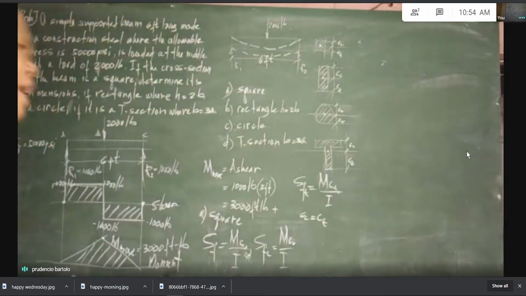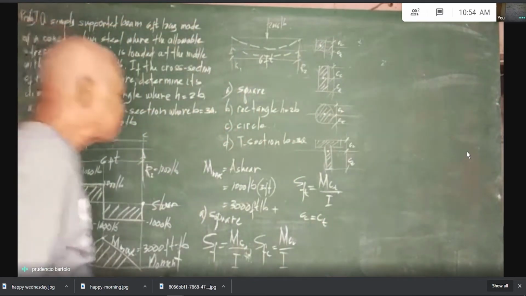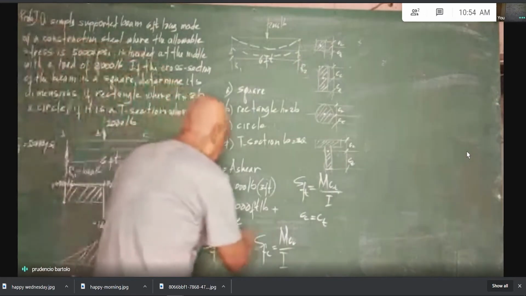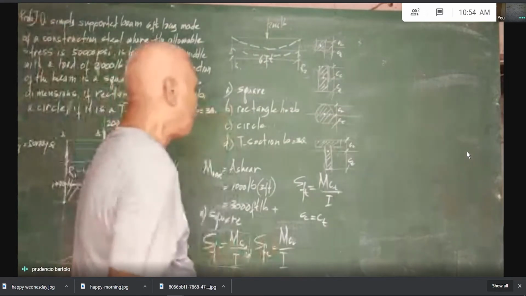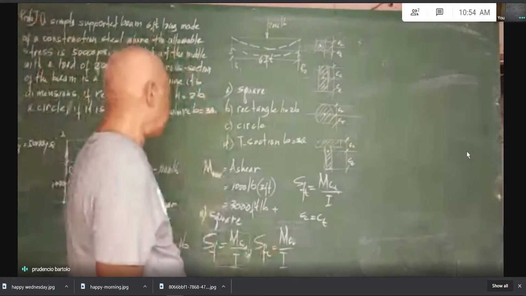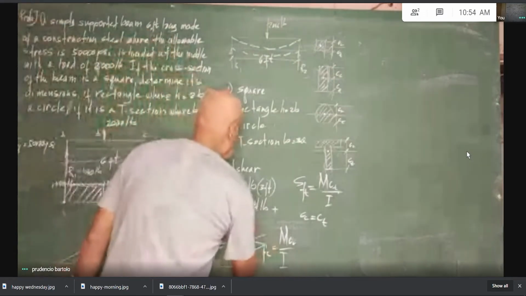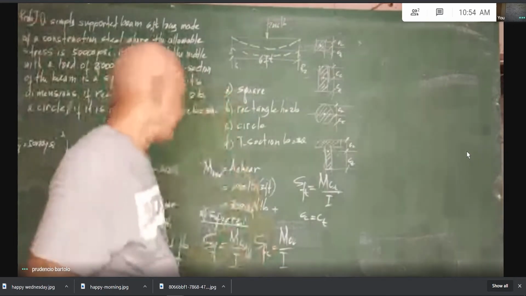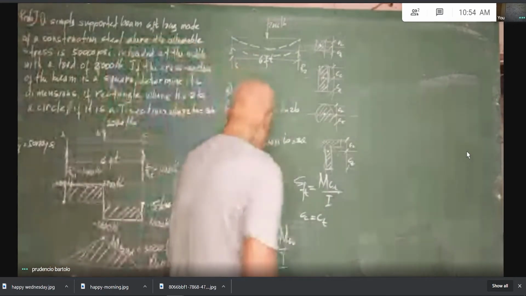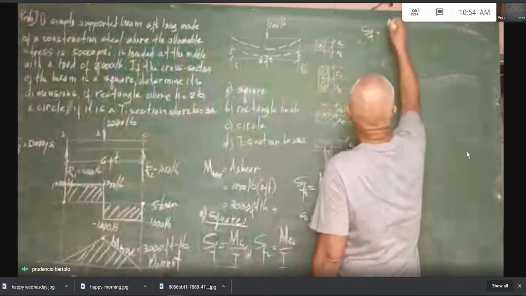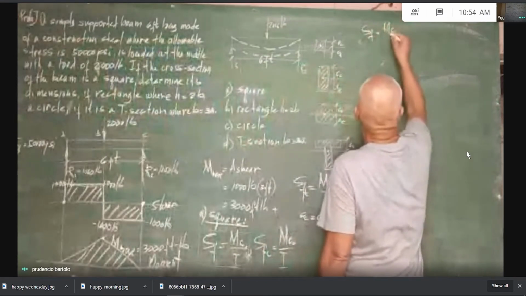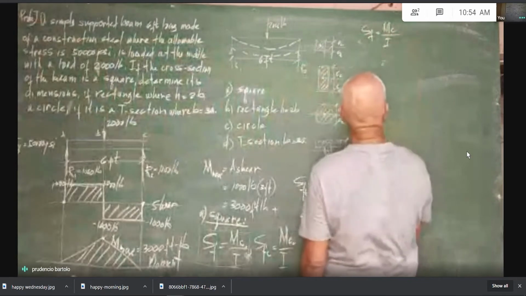So if they are equal, we will just go back to the original form of the equation for the square. So that will now be Sf is equal to Mc over I.